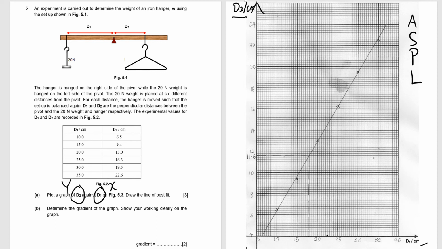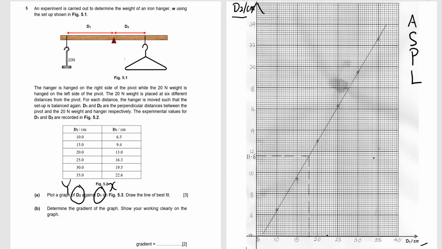So to get your marks for scale, you've got to ensure that your graph covers at least half of the space that's given. So in this case, it will only be possible if you use a scale of, for your x-axis, interval of 5. Now, do note that the interval should be in intervals of 1, 2, 5, or the factors, so or 10, 20, 50.